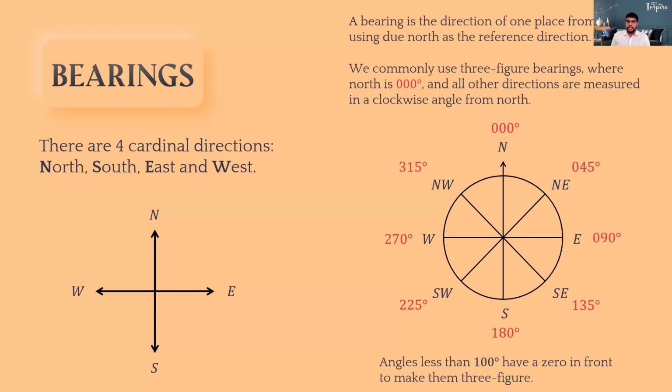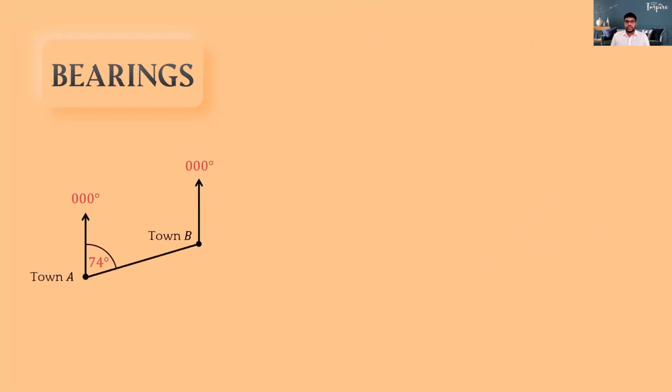Now children, let's look at an example. So imagine this situation here. You have two towns, town A and town B. I have marked the north direction from both towns with a 000.